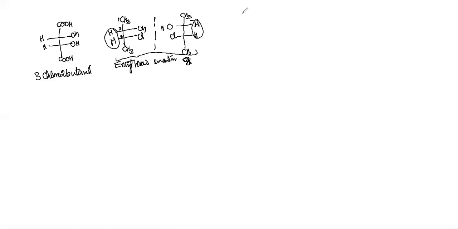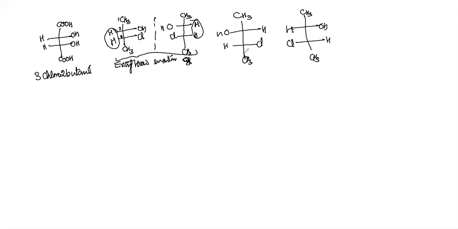Now you take CH3, OH, H, and H and Cl. Or you can put the other way around: H, OH, H, and Cl, and CH3. So these two are threo enantiomers.